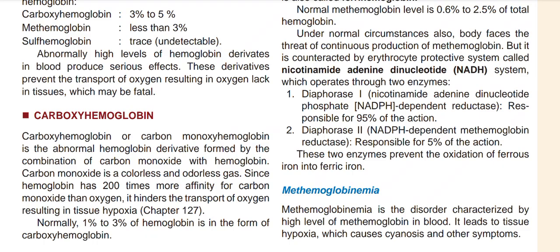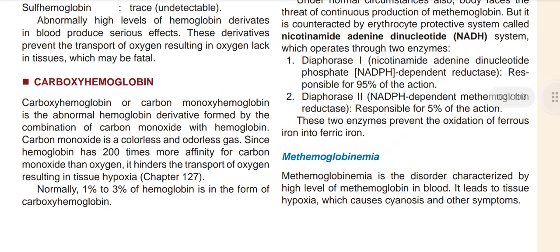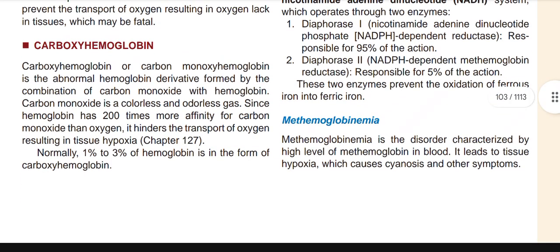One is diaphorase 1, the NADH dependent methemoglobin reductase. It is responsible for 95% of the action, and diaphorase 2, that is NADPH dependent methemoglobin reductase, is responsible for 5% of the action. These two enzymes prevent the oxidation of ferrous iron into ferric iron.